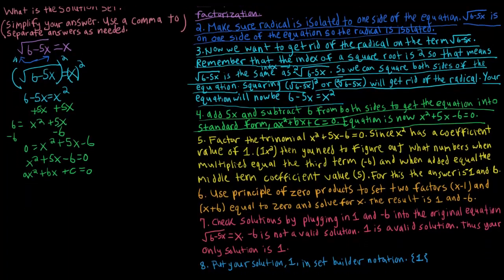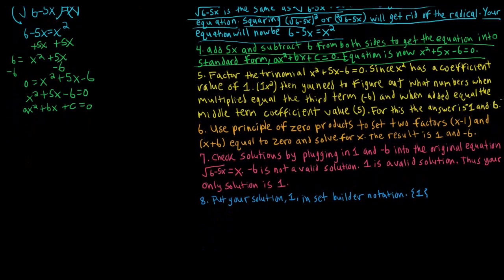Now, moving on to step 5, we want to factor the trinomial x squared plus 5x minus 6 equals 0.